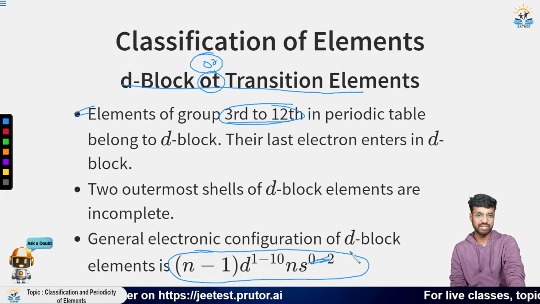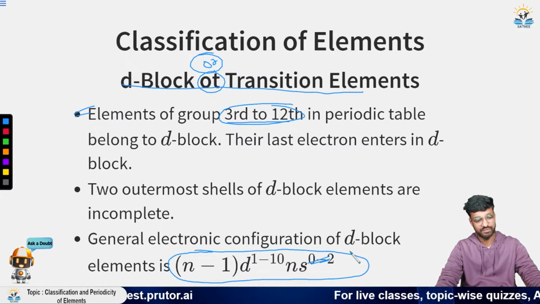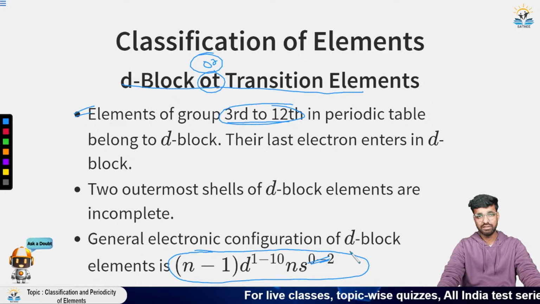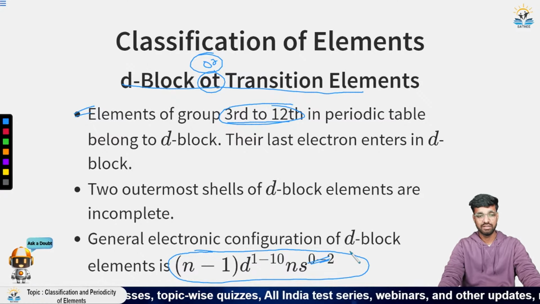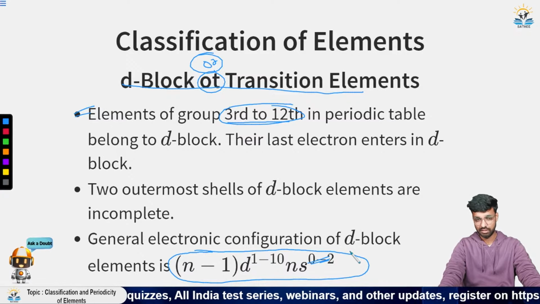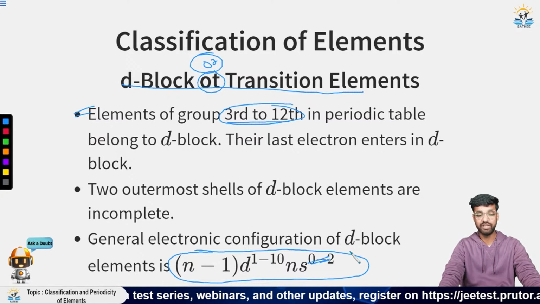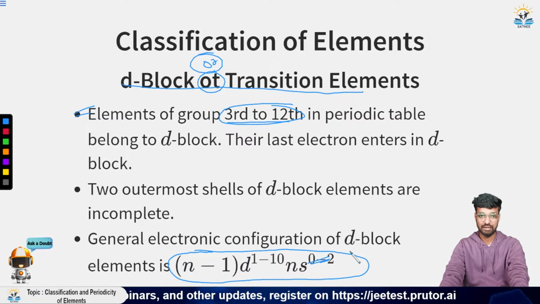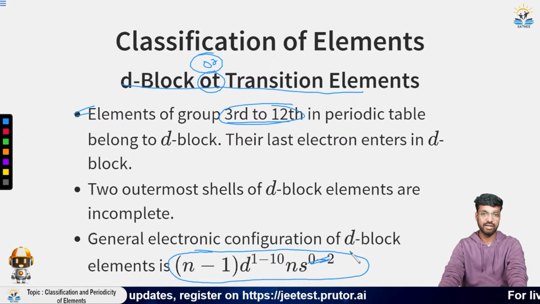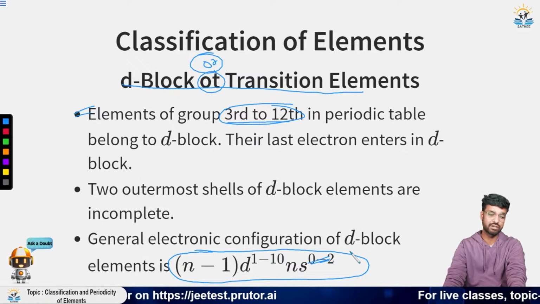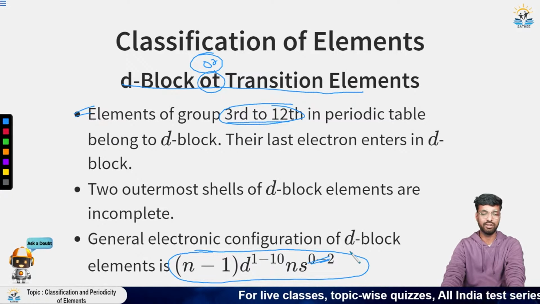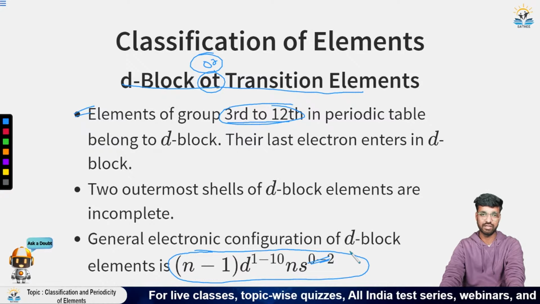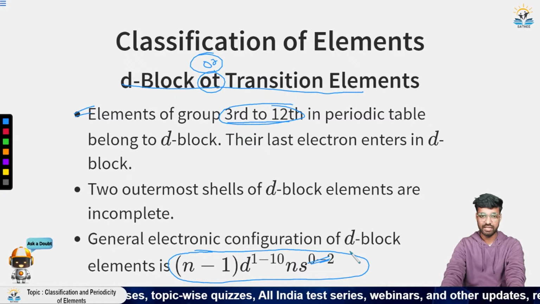Now there is an exception in this, so let us see it. If you want a more generalized definition of a transition element, it should have an incomplete d orbital distribution in its oxidation state also. You have to consider the oxidation state too, like the zinc example. It has a completely filled d orbital, but in some oxidation states like Zn+ or Zn2+, it has an incomplete d orbital occupation.